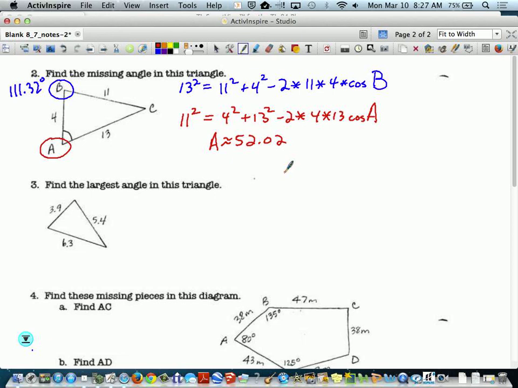Let's do it one more time. Find the largest angle on your own before you compare with somebody. Don't get any help. Find the largest angle in number 3.